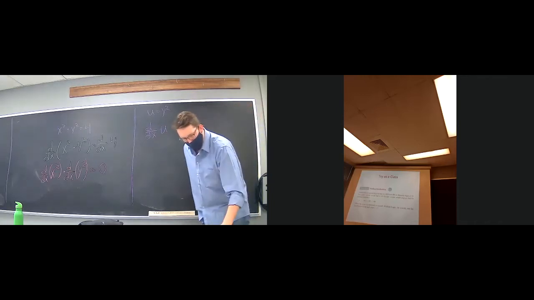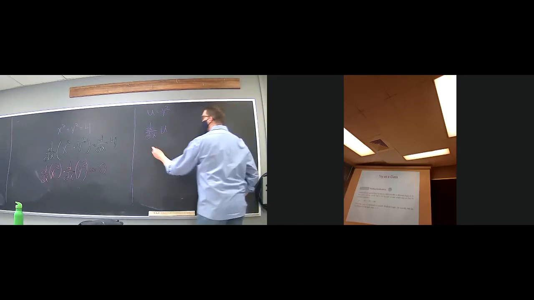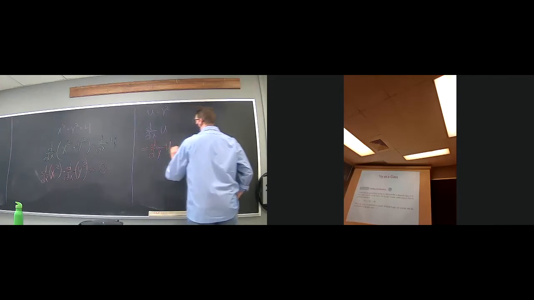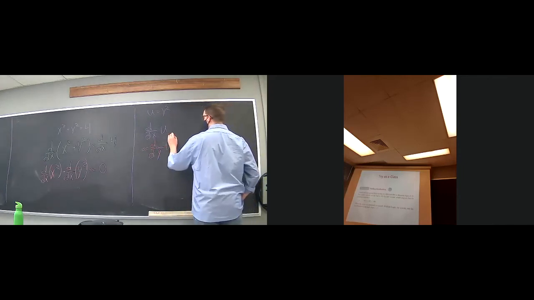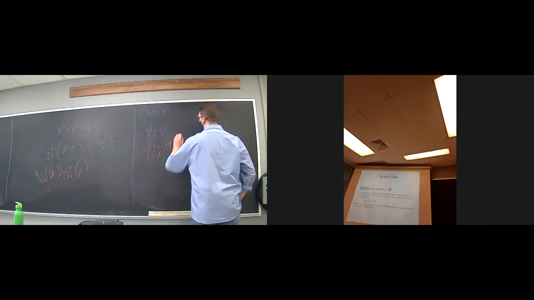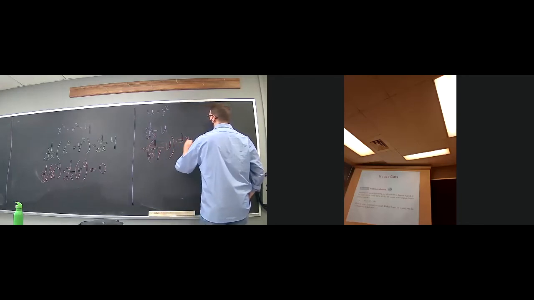But by chain rule, didn't we see that this is really d dy of u times dy dx?